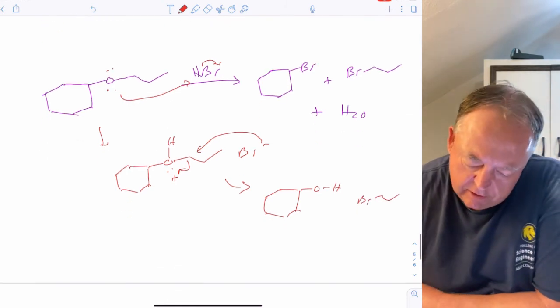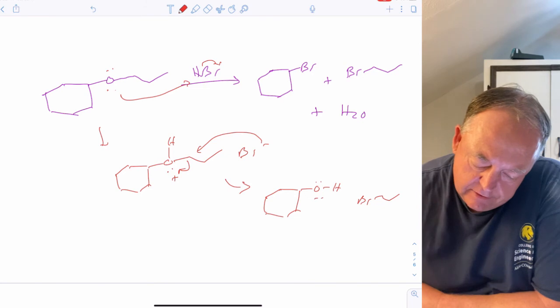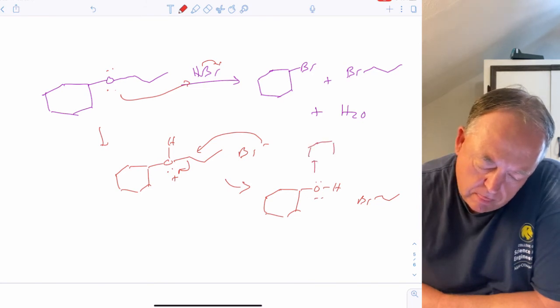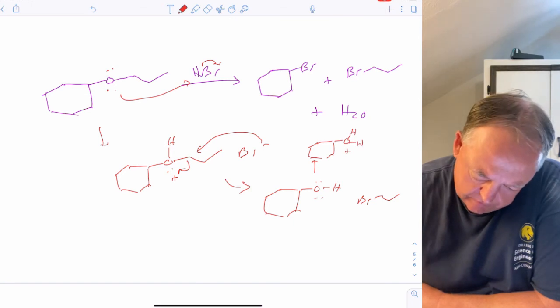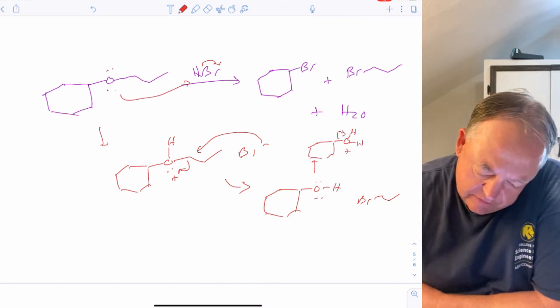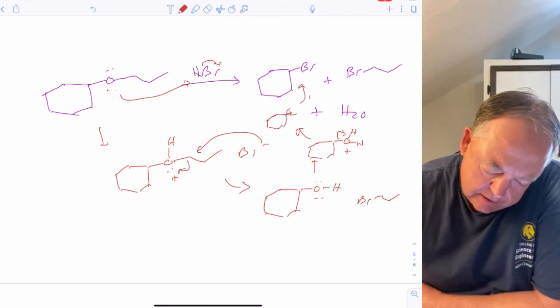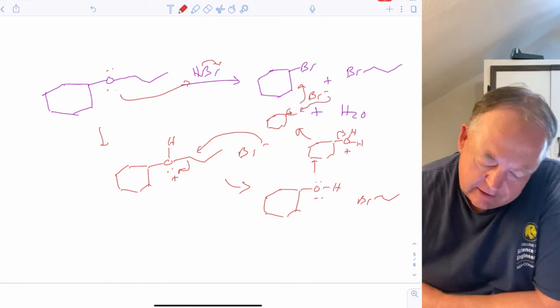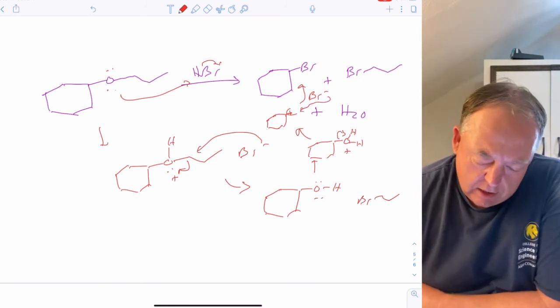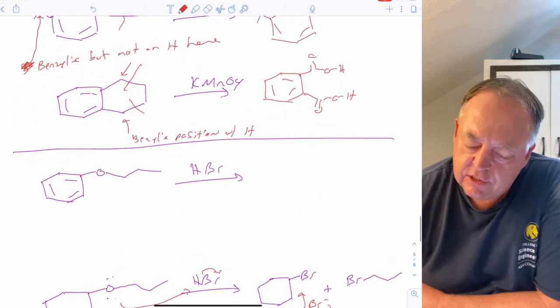And now you have an alcohol which could react again. All right, so then water leaves to make that carbocation, and then Br minus adds there, right? But if it's an aromatic ether, it's different.